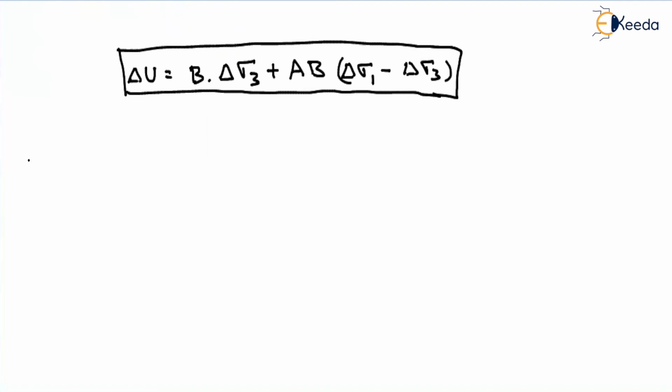In brief, A and B are not constant parameters for a given soil. B is always a positive number, ranging between 0 and 1, but the A value can be negative.